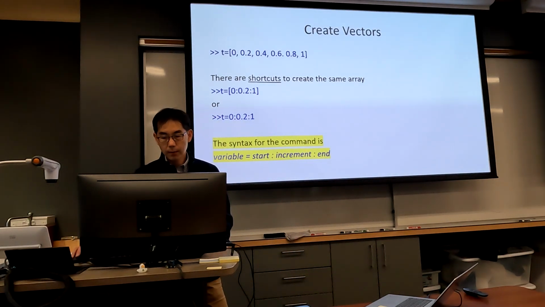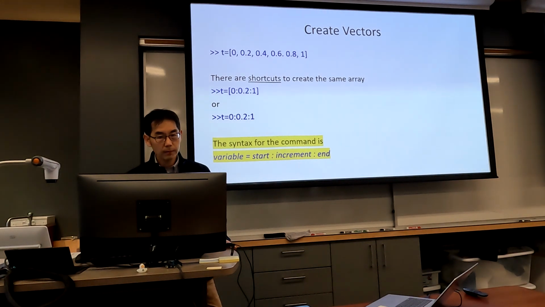Another thing to learn is how to create a vector in a certain pattern. For example, here I want to create a time vector from 0 to 1, but with increments of 0.2. This is a pretty routine kind of pattern. In that case, rather than typing everything, there are some shortcuts.